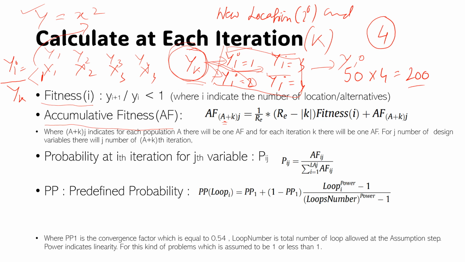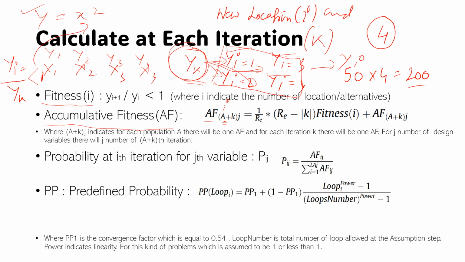For now, just take it that A is your number of locations, and A can be said as I. So for each of these y, for the 4 locations that you have generated, you have to calculate this AF. So you will have a total of 4 AFs.